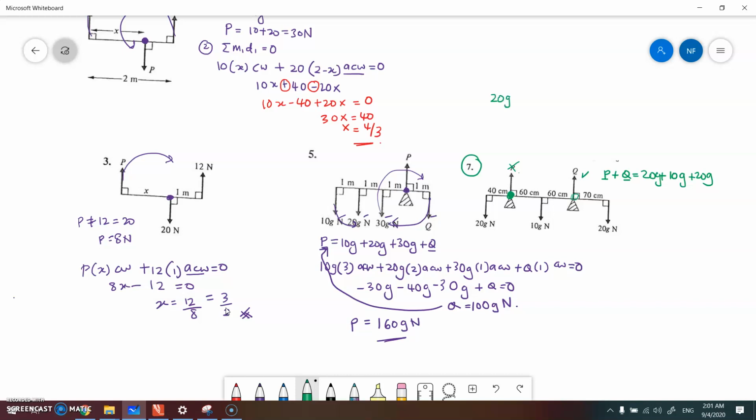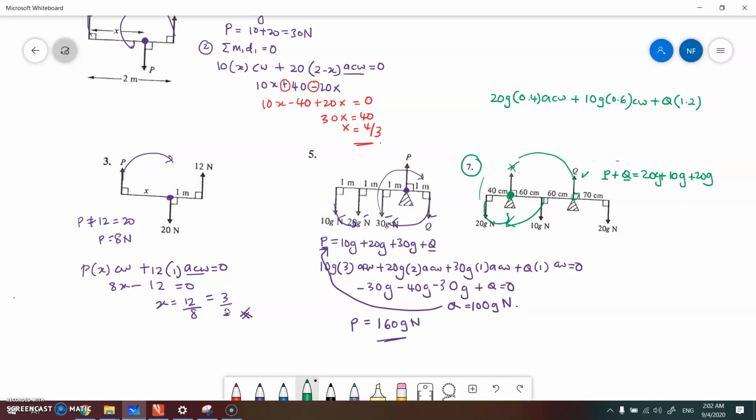So first 20G, the distance must always be in the SI unit, which is 0.4 meter. And then it moves anti-clockwise. And then you have 10G, distance is 0.6, so it moves clockwise. And then you have Q, and then you have 120, so 1.2 meter.